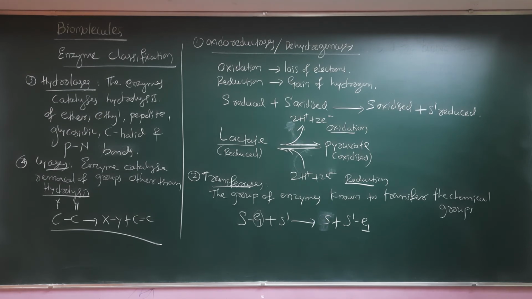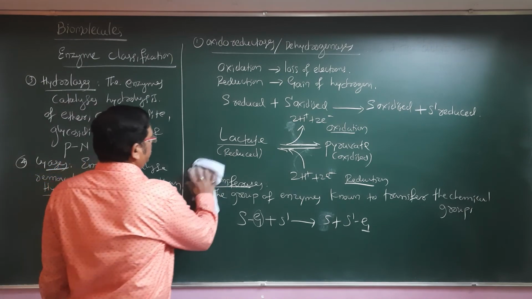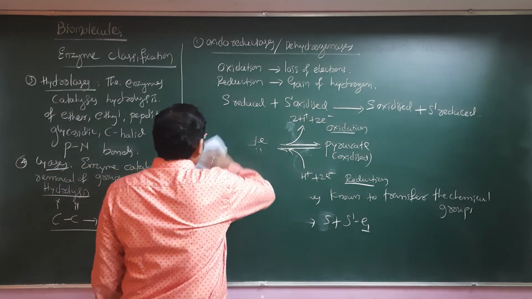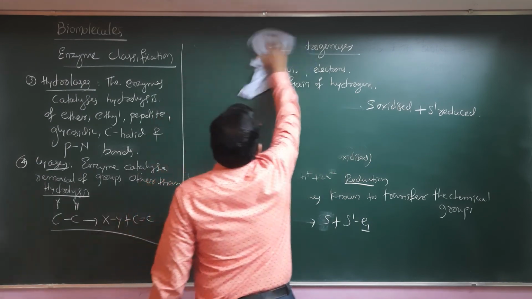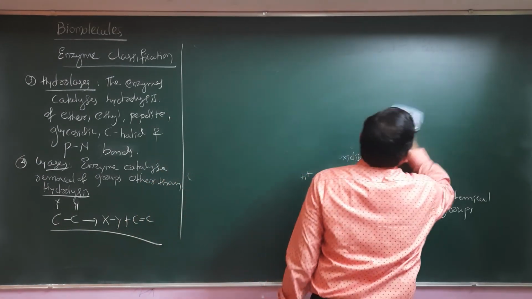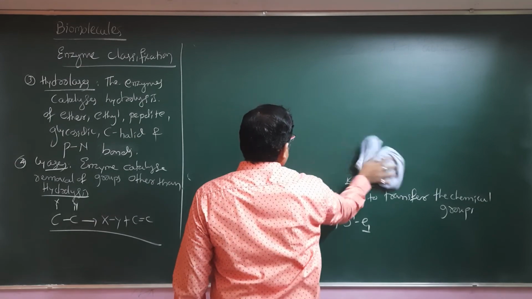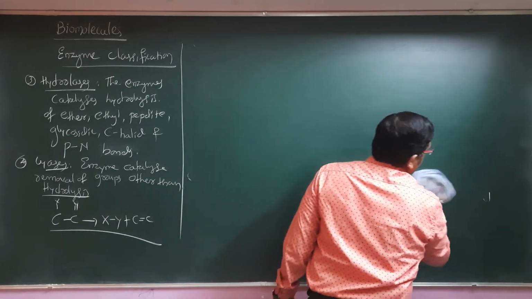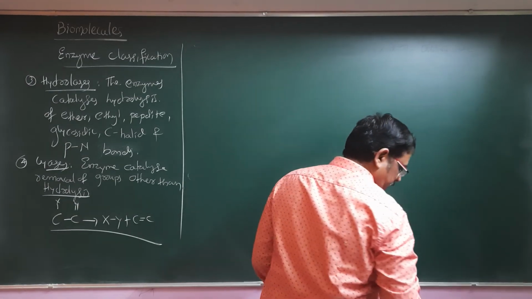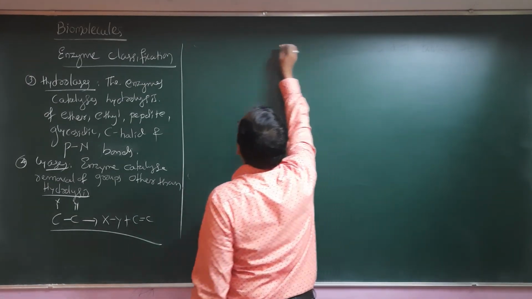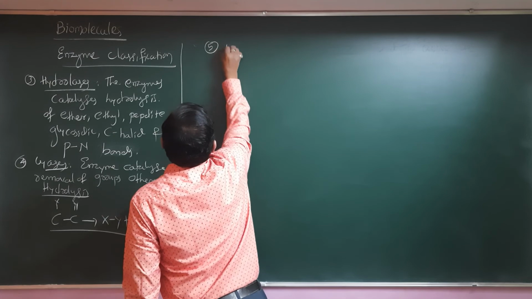Then we need to understand one more type of biochemical reactions carried out by certain other groups of enzymes. We call them isomerases, and then ligases also. So let us understand isomerases, the fifth category of enzymes.